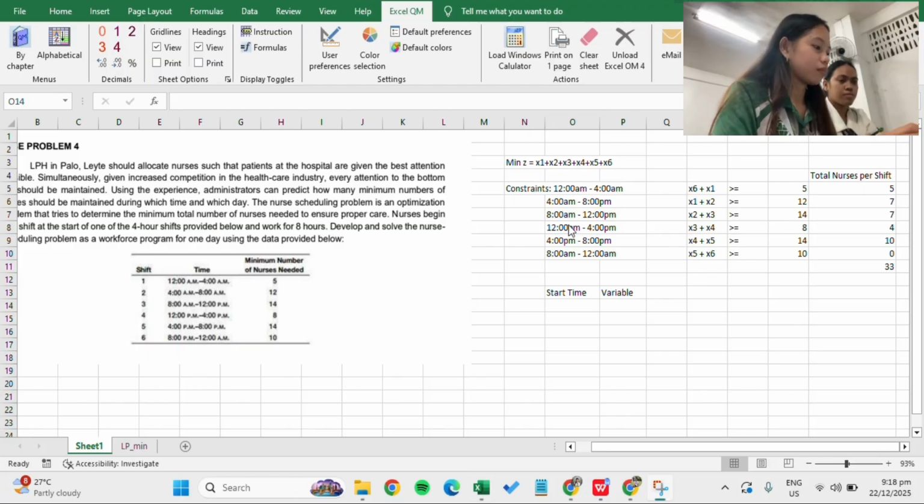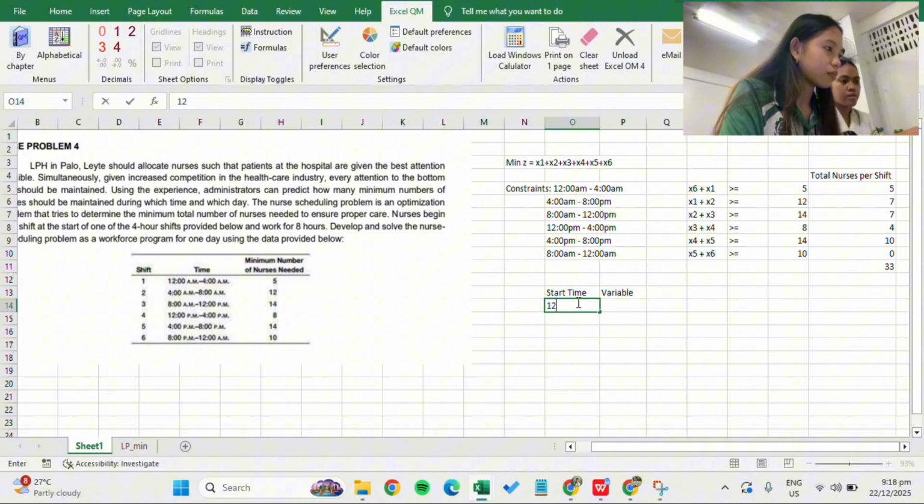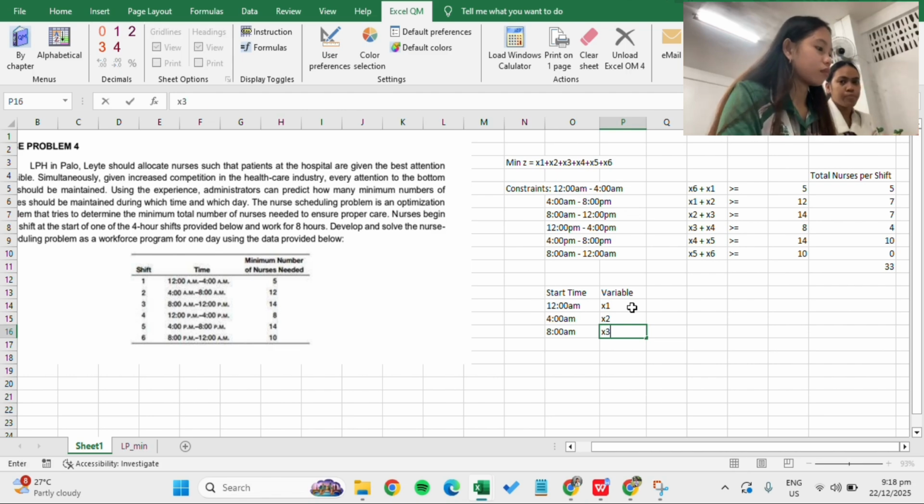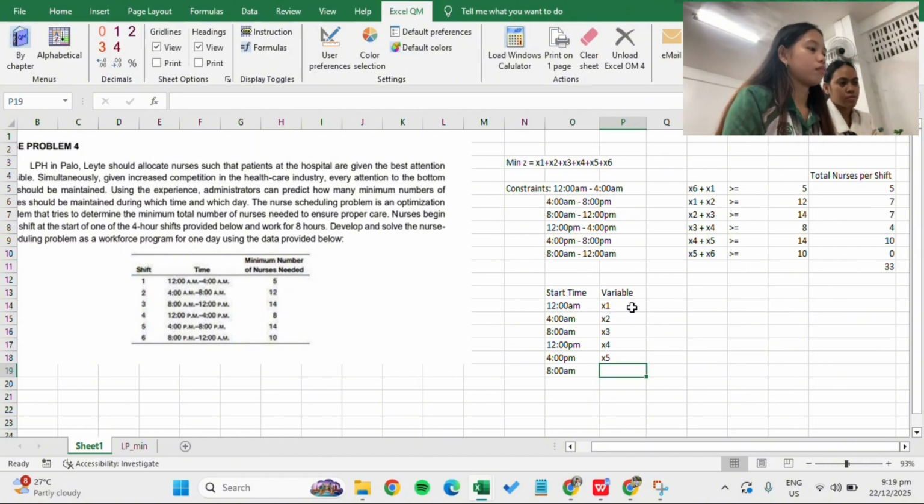X1 is 12 a.m. to 4 a.m. X2 is 4 a.m. to 8 a.m. X3 is 8 a.m. to 12 p.m. X4 is 12 p.m. to 4 p.m. Total nurses per shift.